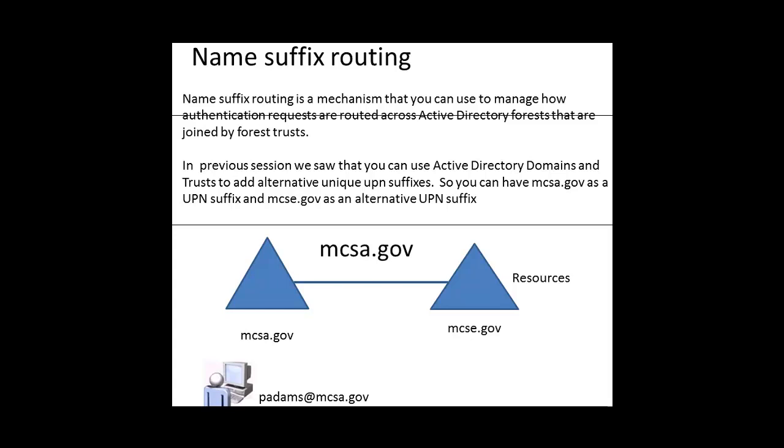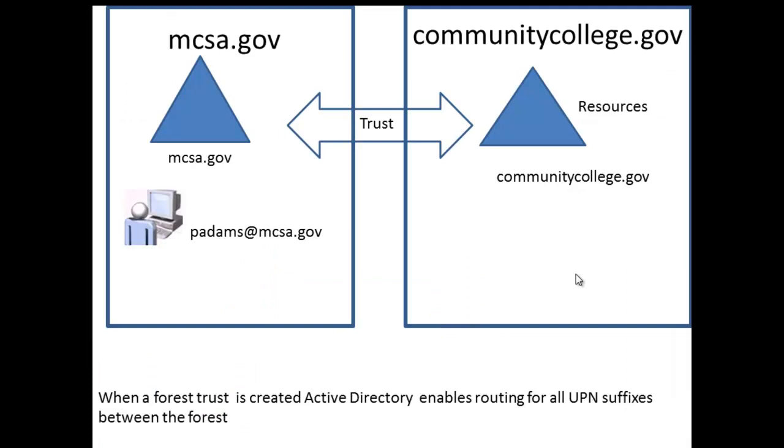P. Adams wants to log on to mcsa.gov and be able to access the resources in mcsc.gov. So we have the default transitive trust between those two domains.